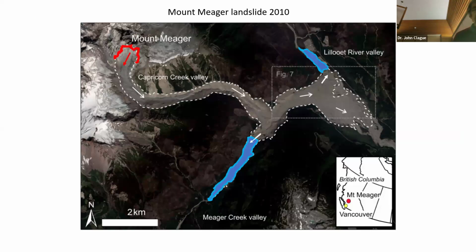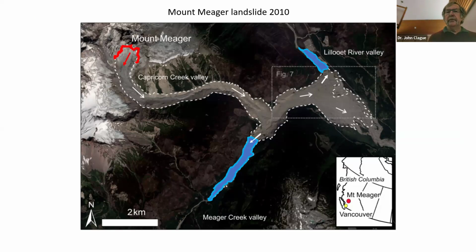And then I want to also give you a few examples even more recently. A very large landslide occurred at Mount Meager about 10 years ago, in 2010. And this was the largest historic landslide that we've had in British Columbia.